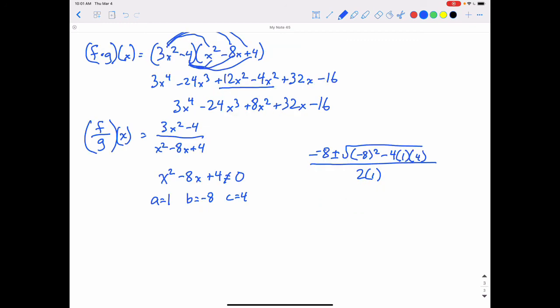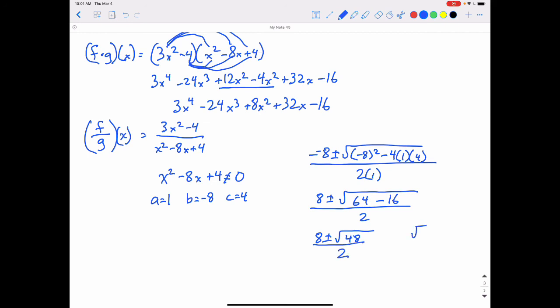Negative negative 8 is positive 8, plus or minus the square root of negative 8 squared, which is 64. Negative 4 times 1 times 4 is negative 16, all over 2. And that gives me 8 plus or minus the square root of 48 over 2.